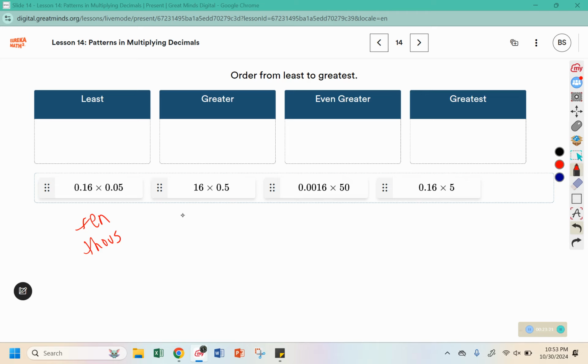So it would end up with the ones and the tenths. Here this one has 1, 2, 3, 4 as well, but it's multiplied by tens, or 5 tens, so that one's going to be bigger than the one that has, actually it might be the same. Let's look at it.